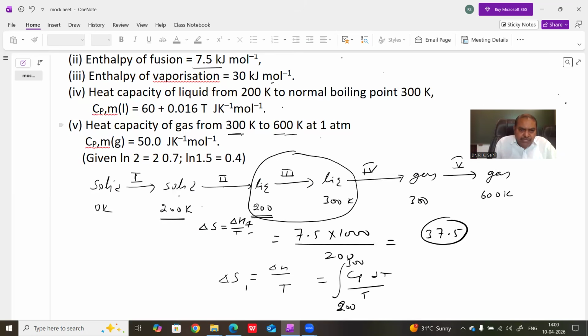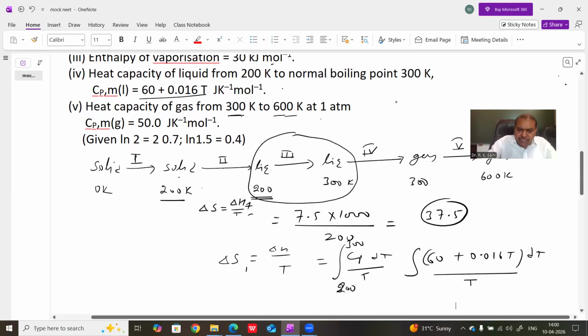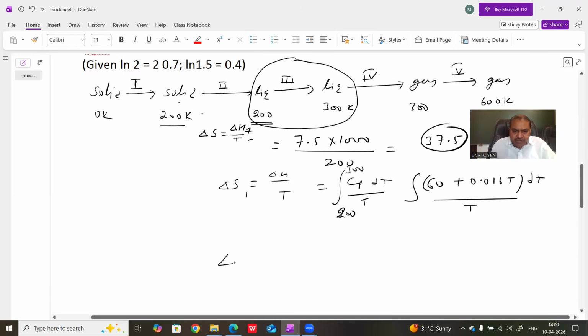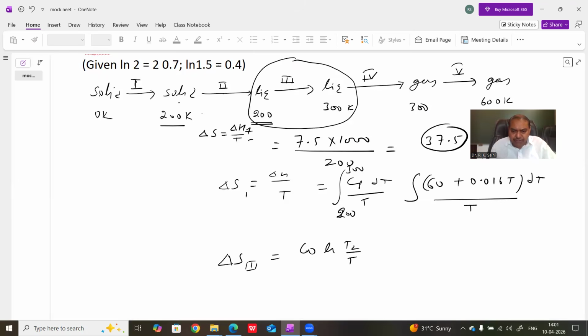The Cp of the liquid is given as 60 plus 0.016 T. So delta S for step third is 60 ln T2 upon T1 plus 0.016 times T2 minus T1.